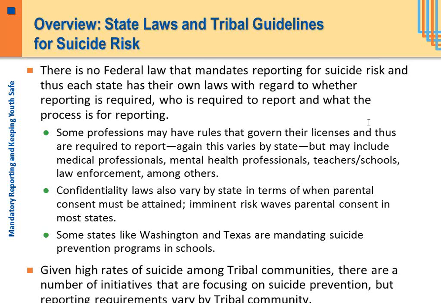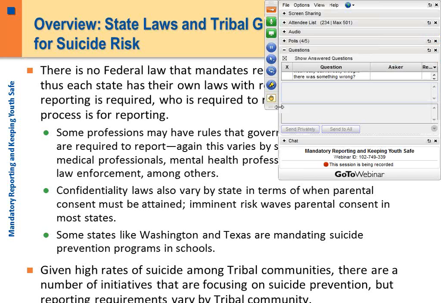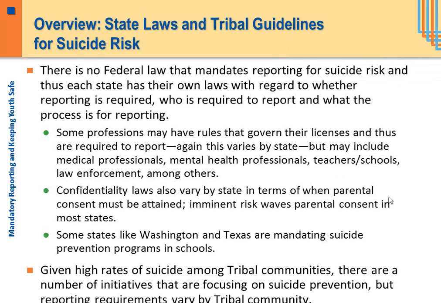Given high rates of suicide among tribal communities, and we mentioned that in the previous section, you saw that for the nation, suicide is the third leading cause of death among youth. In tribal and Native Alaskan communities, it's actually the second leading cause of death. So there have been a number of federal, state, local, and tribal initiatives on suicide prevention.